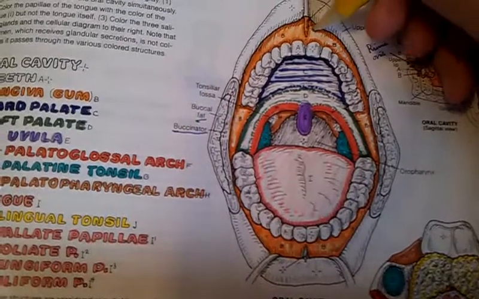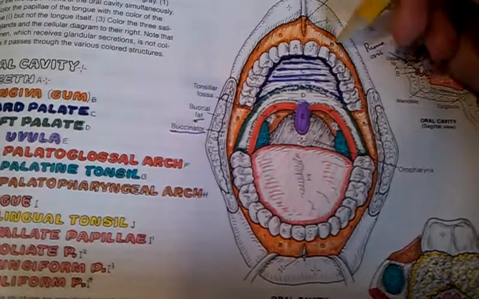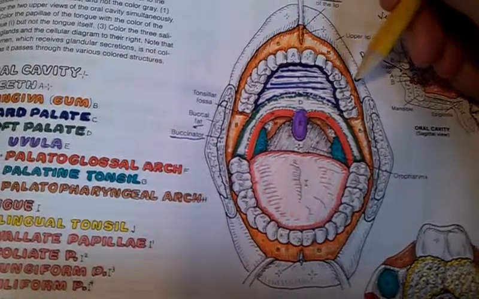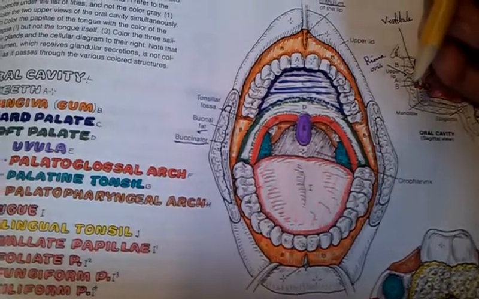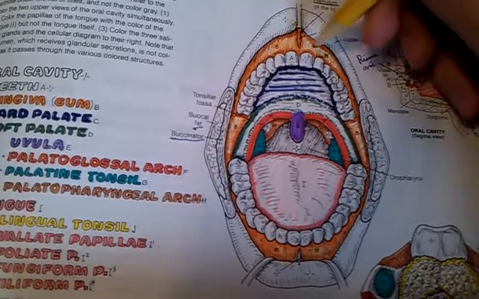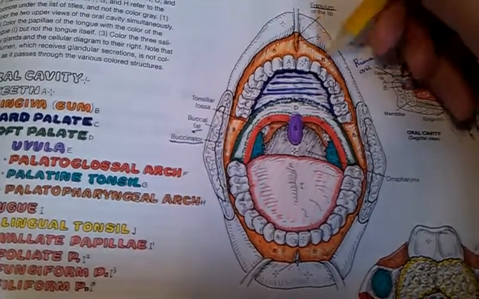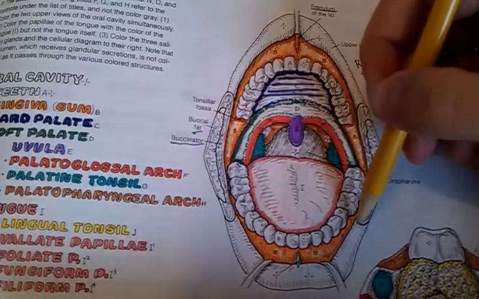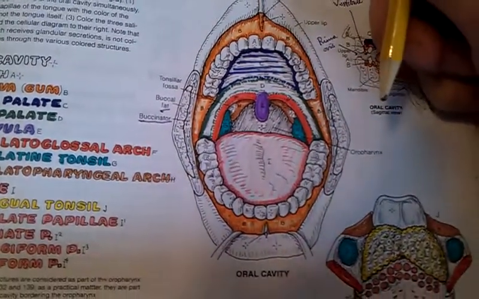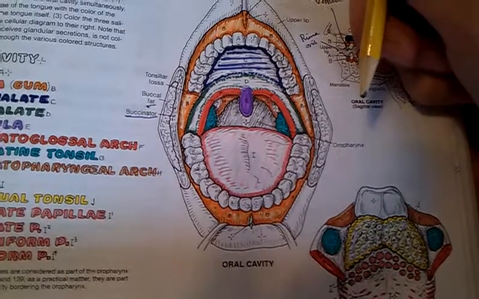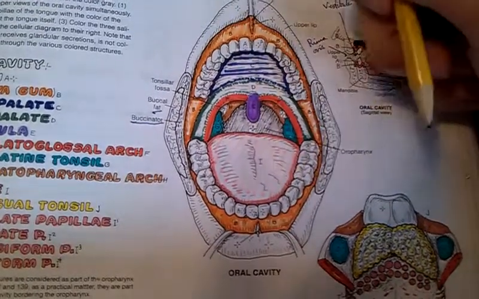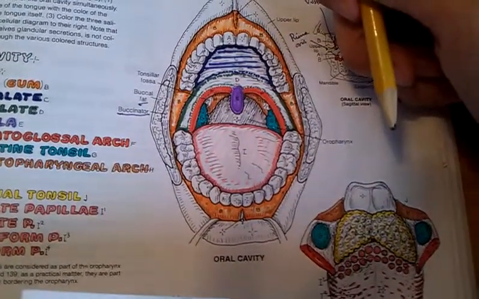And here you can see the gum, which covers the bone that the teeth are set into. And this upper bone is called maxilla, lower bone mandible. And the gum has no salivary glands at all.